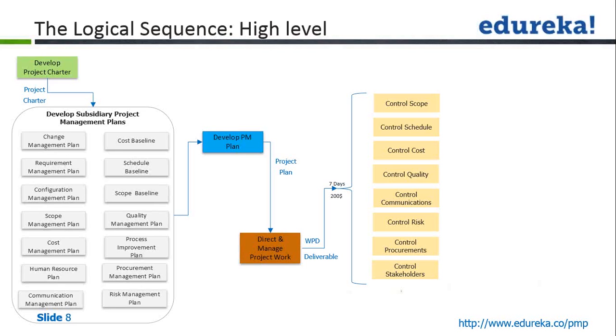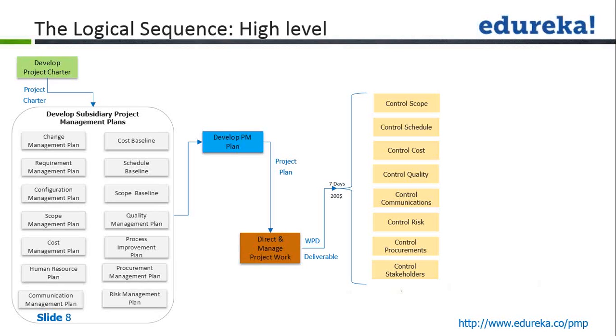We will take it to control schedule, where we will compare the raw data, that is work performance data, with what was planned. The raw data says 7 days, and when we look at the plan, it says it was supposed to get over in 5 days time. When we do the variance analysis with respect to schedule in the control schedule process, we realize that we have a deviation of 2 days.